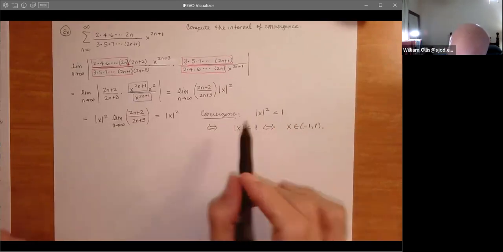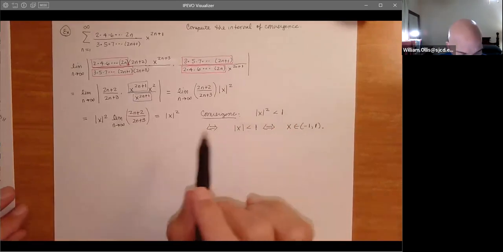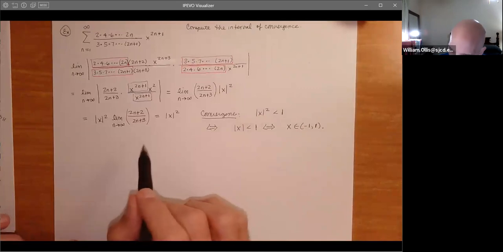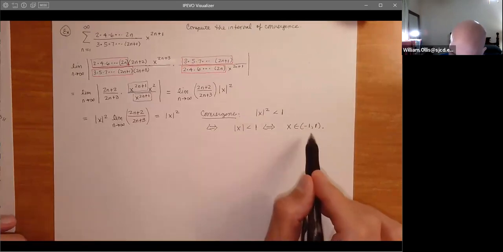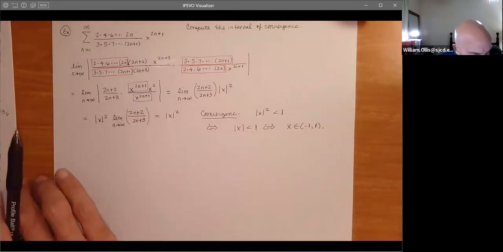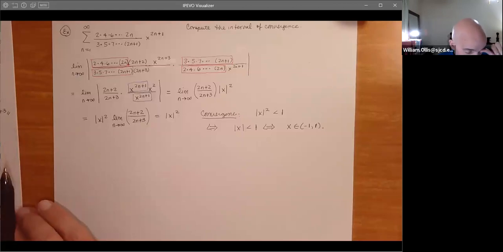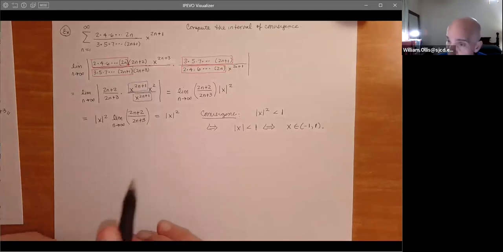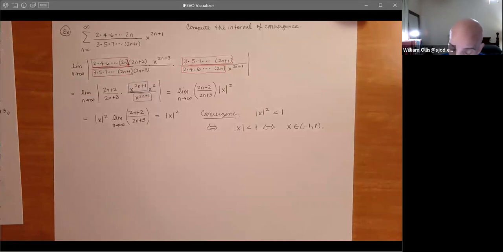Okay, so now you're looking at this, and this is where I thought we're going to have to work a little bit harder. We need to check the endpoints. So one thing I noticed here for this particular example is that we actually need a lemma. I just created a lemma for this problem because without it, you're going to struggle a little bit trying to figure out what's going on here.